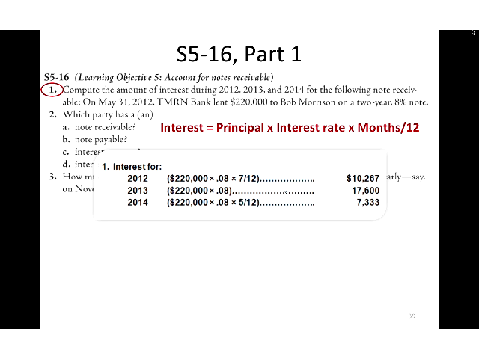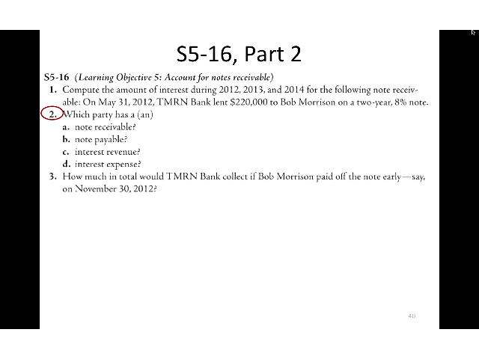In part 2, it's just saying which party has a note receivable and which one has a note payable. Okay. Note receivable. We've got the bank and we've got Bob.